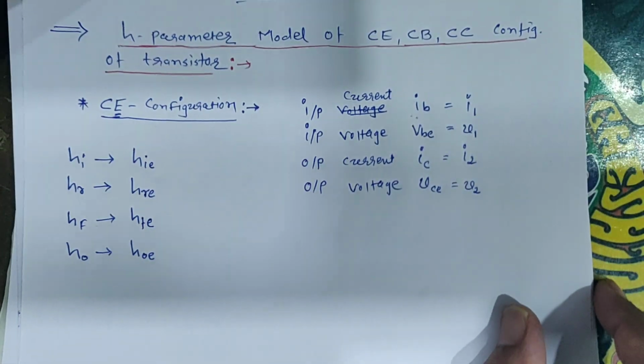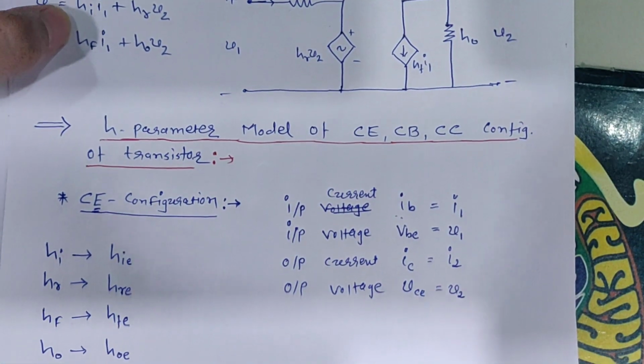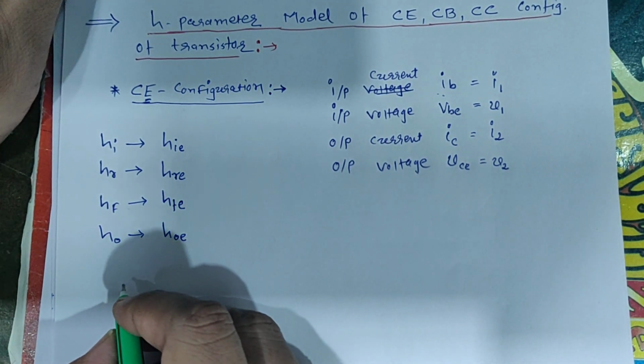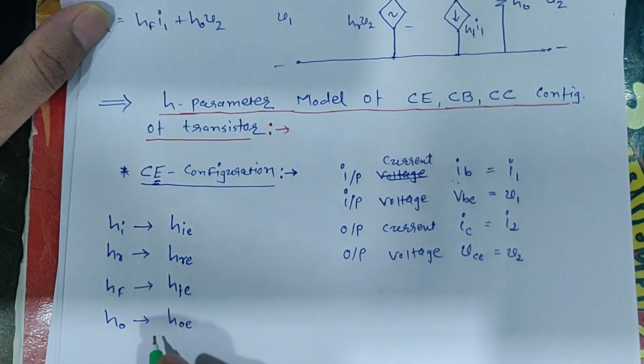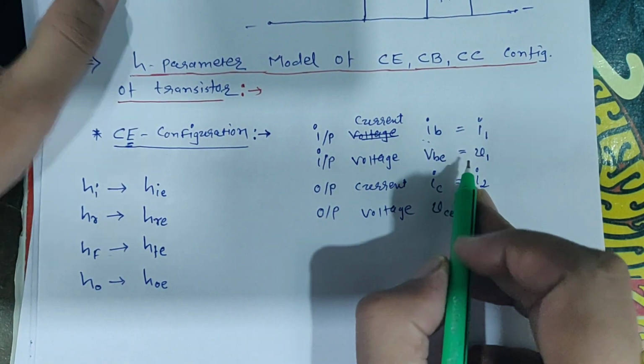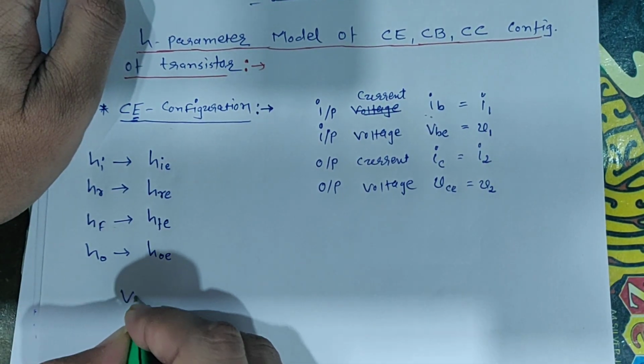So we can rewrite these two equations again for the common emitter configuration. V1, what will V1 be? We have represented it as VBE.